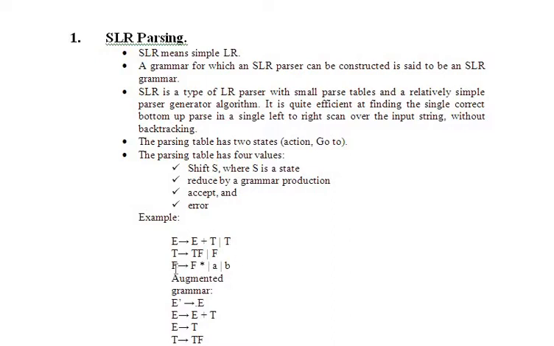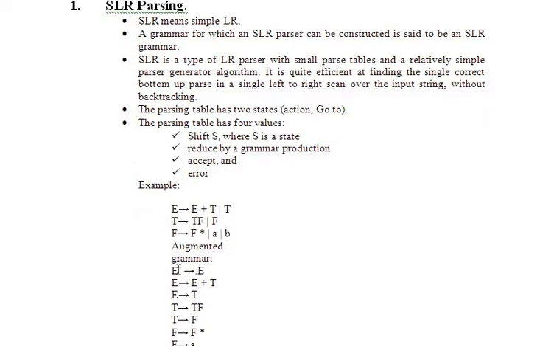So first convert this grammar into augmented grammar. Your main grammar is G, then your augmented grammar will be G dash. First E dash gives dot E. Just put dot before your starting symbol.